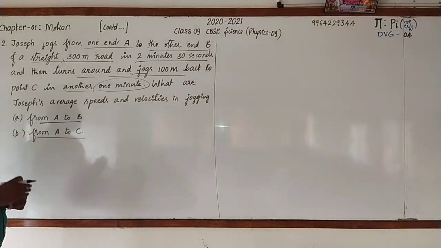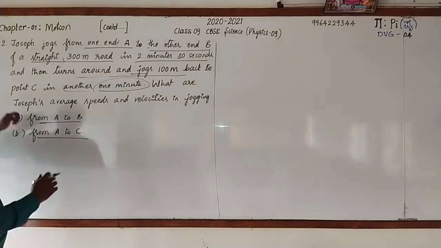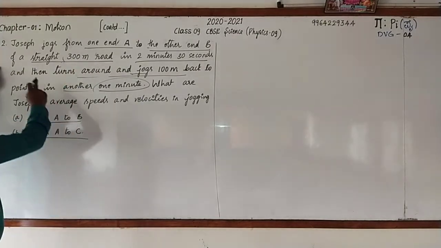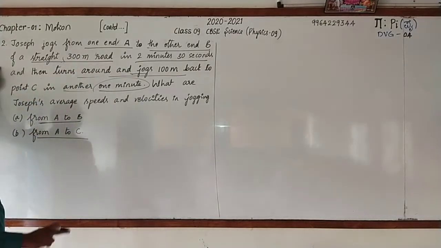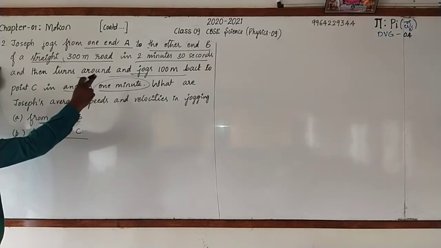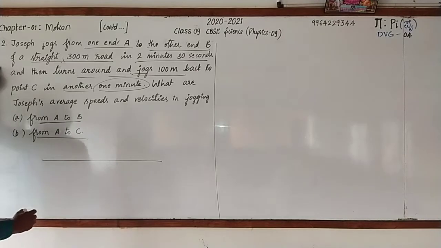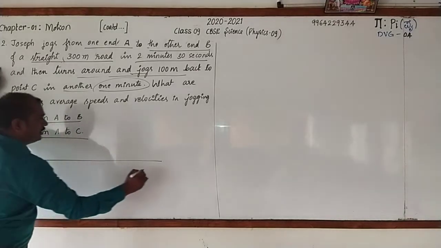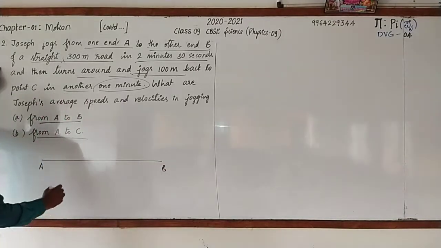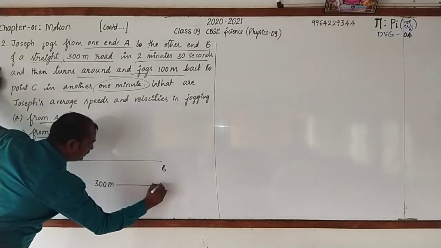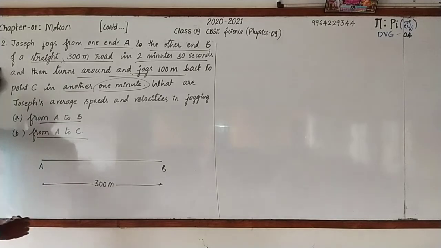Once I make you understand, look here. He moves from one end A to the other end B of a straight 300-meter road in 2 minutes 30 seconds. I draw a straight line which represents the road. It is the end A and this is end B. What is the length of this road? Yes, you are right. It is 300 meters. I am marking it.